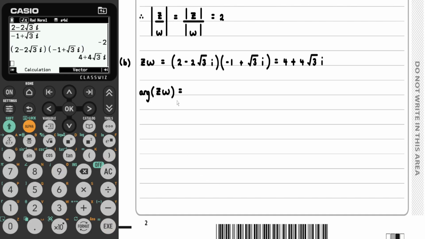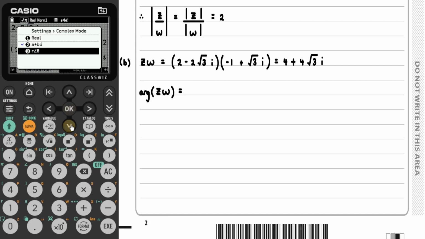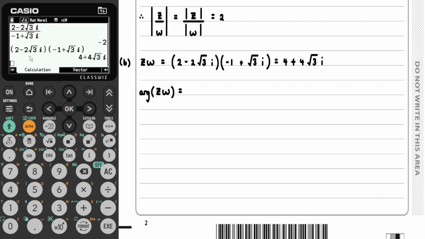So now we can work out the argument of zw. Let us change the settings such that we display our theta. 4 plus 4 root 3i, that is the same as 8e to the pi i over 3.